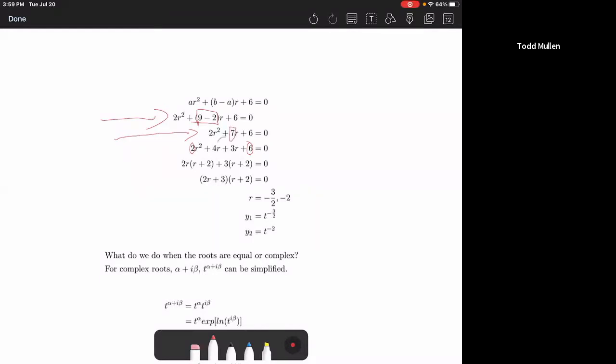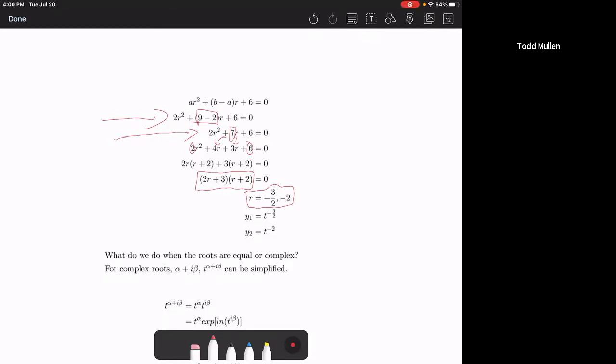So we'll separate that 7r into 4r and 3r. Again, whatever your method of factorization is fine. So we end up with 2r plus 3 times r plus 2 is equal to 0. And that gives us two solutions: r is equal to negative 3 over 2 or negative 2.